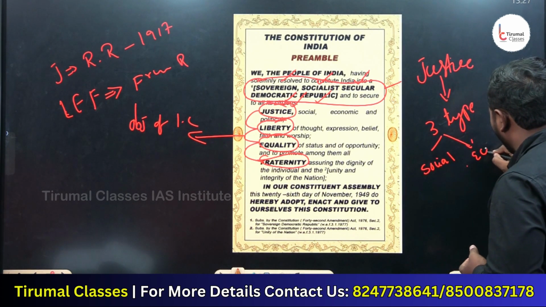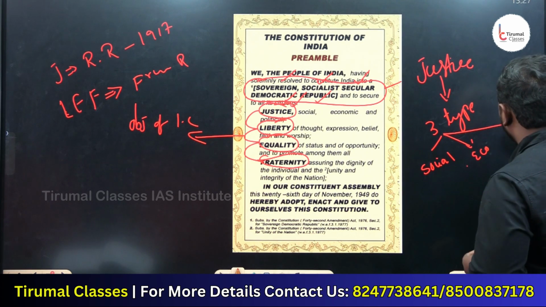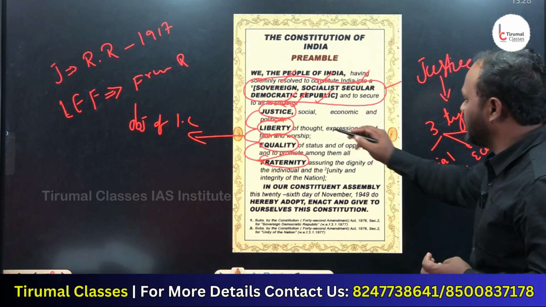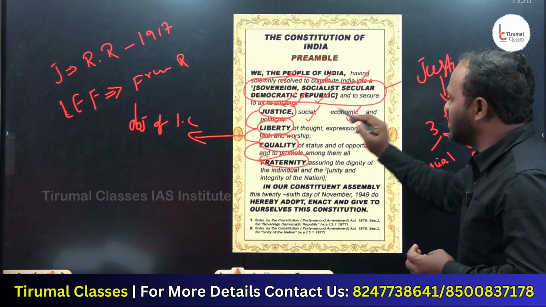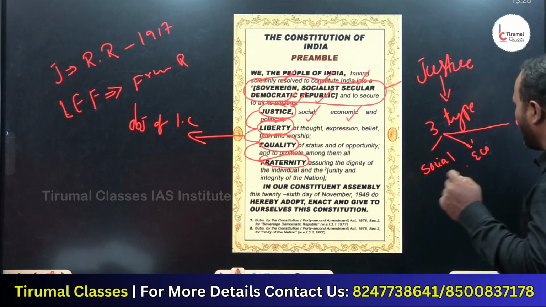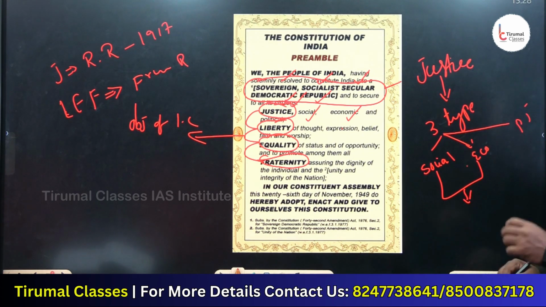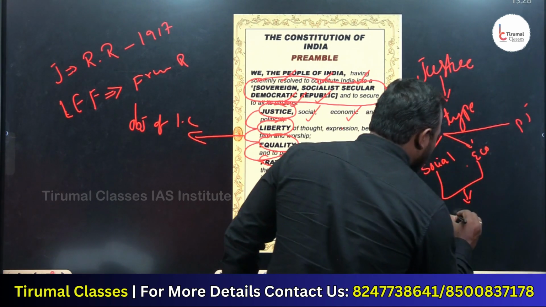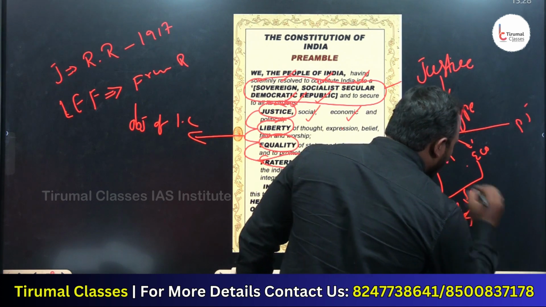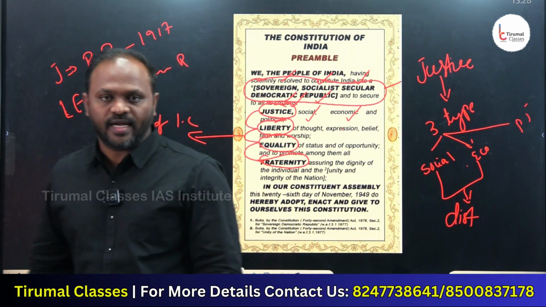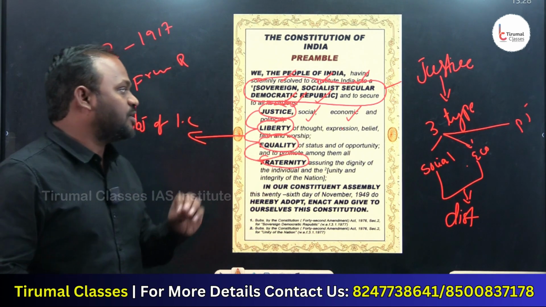Next one, economic justice. Third one, political justice. Look at this: the social and economic justice are commonly called distributive justice.